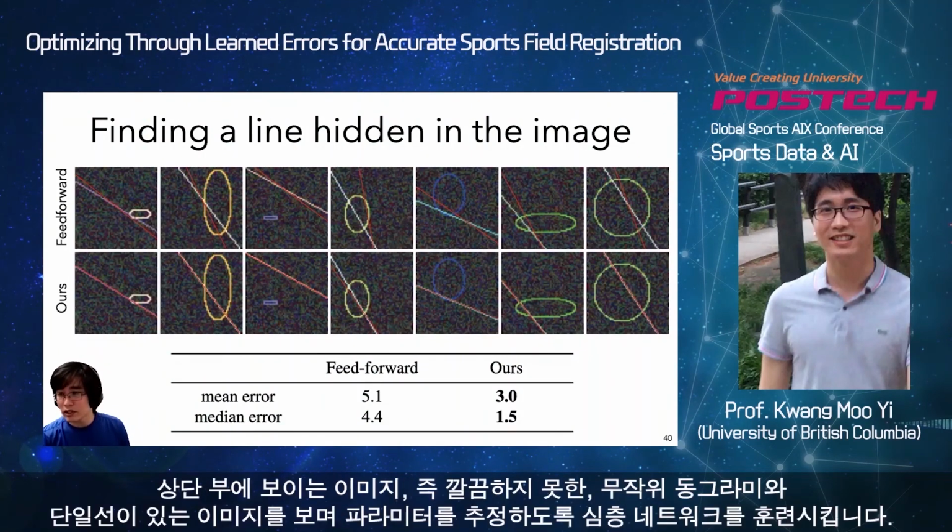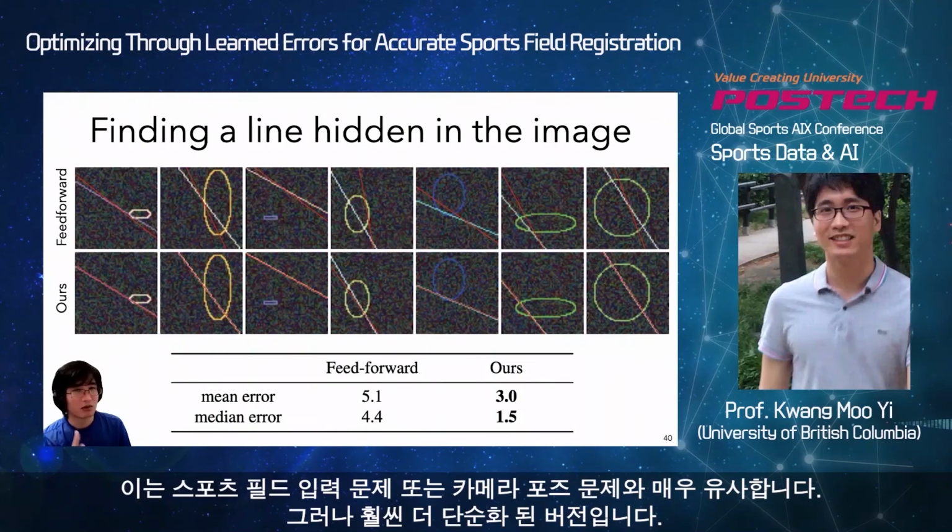What you do here is, given these images you see on the top, which are noisy images with random circles and a single line, we train a deep network to estimate the parameters of this line by looking at the image. It's quite similar to the sports field registration problem or the camera pose problem, but it's a much more simplified version of it.